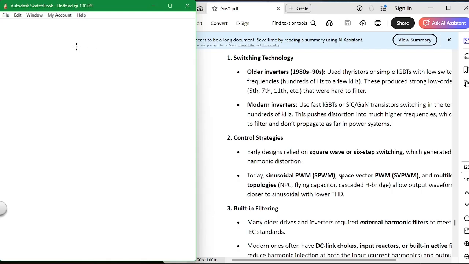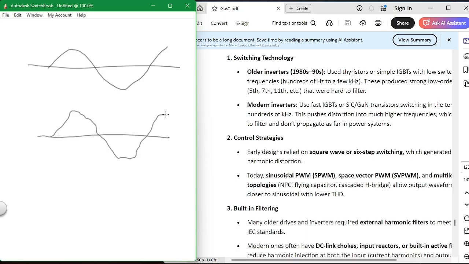So the only thing that does not give you harmonics is this guy right here. Anything else will give you some harmonics. And if you even have a distortion in your AC waveform, if it does this type of thing, you have harmonics. Okay?